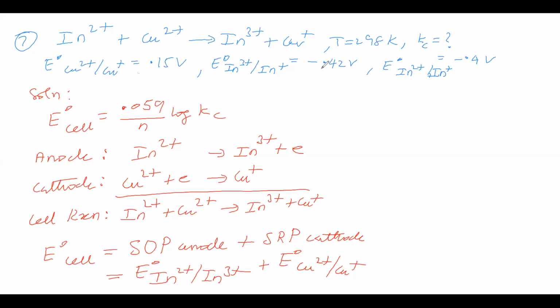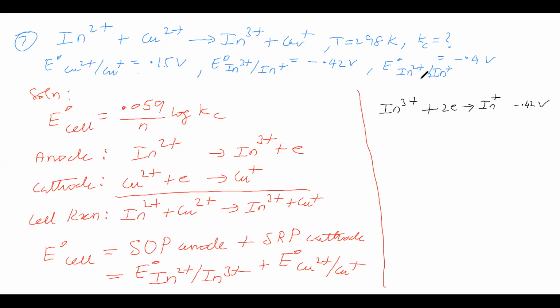See that here, In3+ | In+, that means In3+ is converting into In+. For this the SRP value is how much? Minus 0.42 volt. E naught is this much.